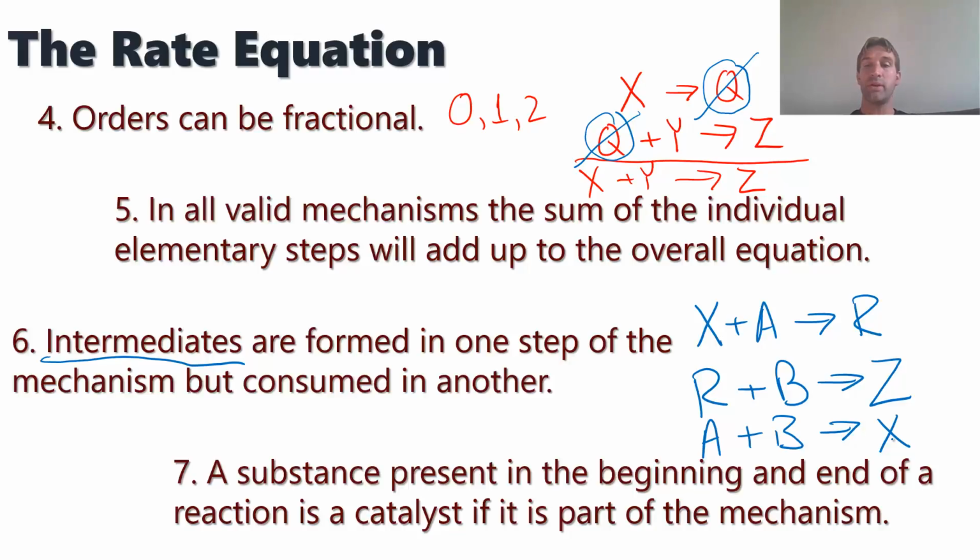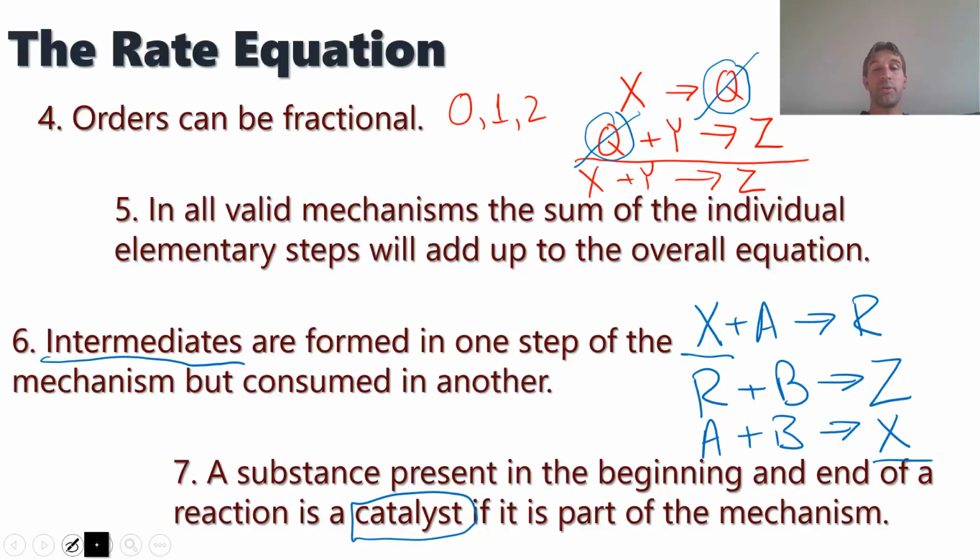The first thing is if we wanted to do the overall equation, what we notice is I have X present in the beginning and it's also present in the end. Well, if it's present in the beginning and it's also present in the end, this tells us that it wasn't consumed. It would be identified as a catalyst.